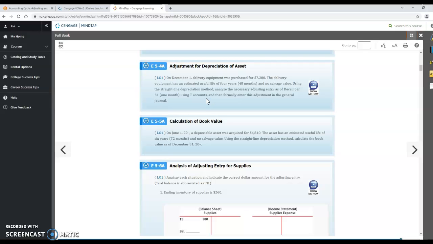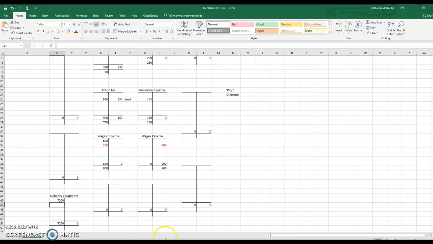And so we're going to use our straight line depreciation formula. So our first step is to figure out the depreciable cost, which is the cost minus the salvage value. So we'll have our cost, which was $7,200, minus our salvage value. And so that is $7,200 for our depreciable cost.